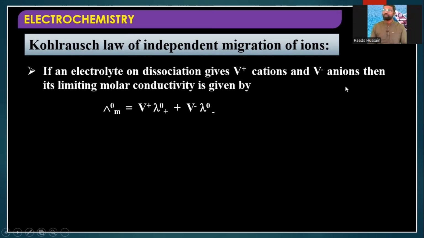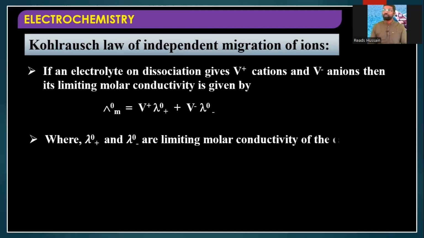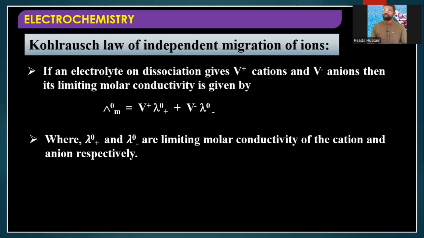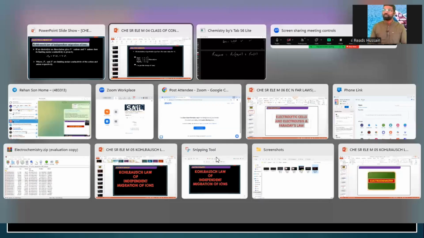Lambda m naught is equal to V plus times the limiting molar conductivity of the cation plus V minus times the limiting molar conductivity of the anion. Here lambda naught plus and lambda naught minus are the limiting molar conductivities of cations and anions respectively. I will take a small example to make you understand.